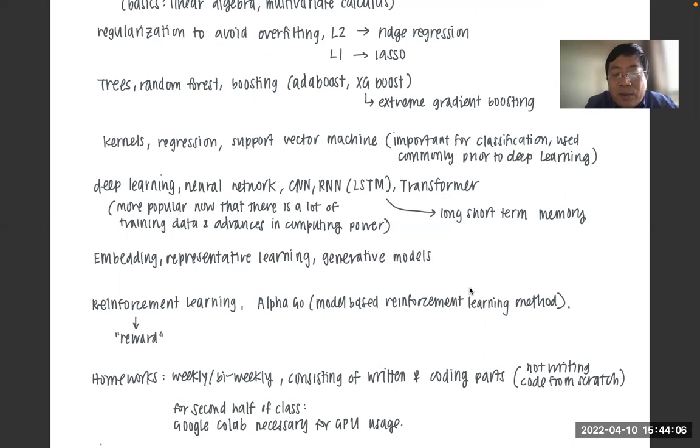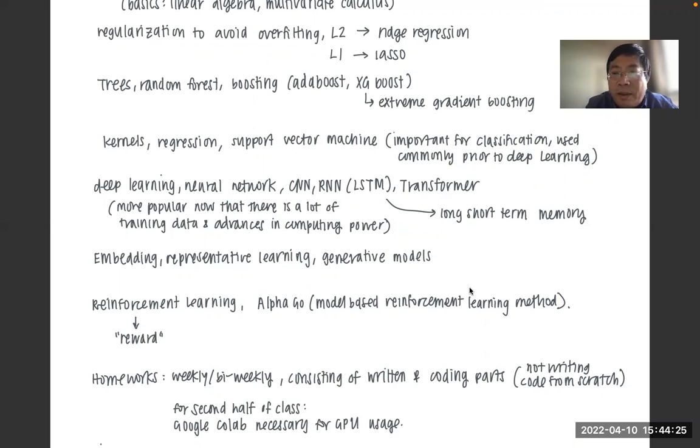So this is really the language of neural network, vectors and matrices. And we shall also study the generative models, which is really a very pure form of embedding or representation.